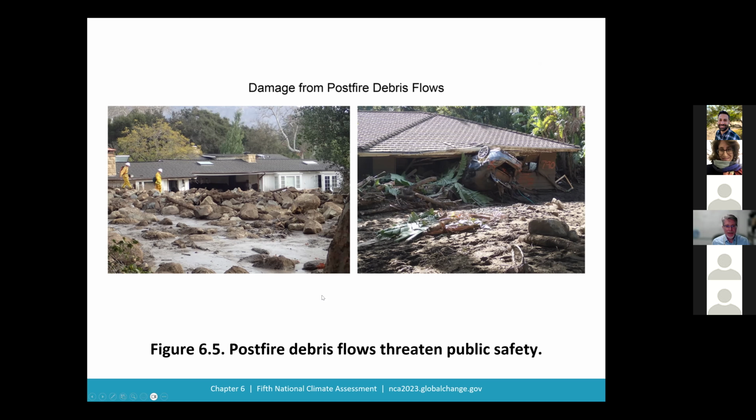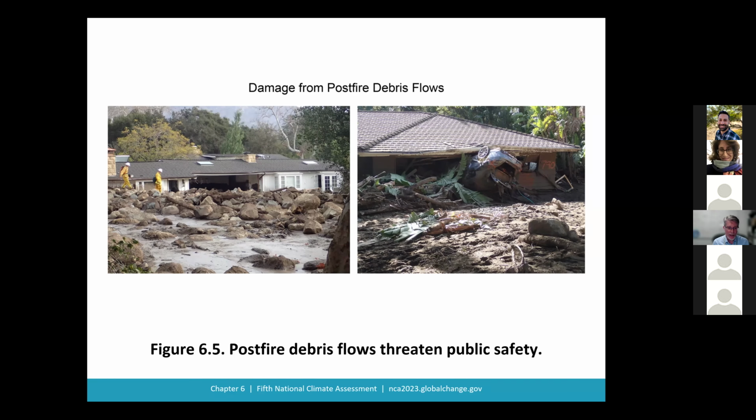This is an example from the 2018 debris flows that happened in Montecito, California. This was following a period of intense rain in January of 2018 in that region that occurred over the area that was burned the month before in December 2017 by the Thomas Fire.